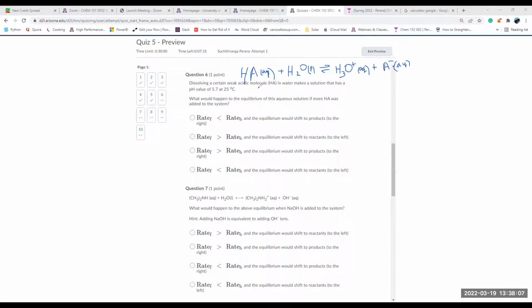Rate forward is equal to the rate constant for the forward reaction times HA concentration.